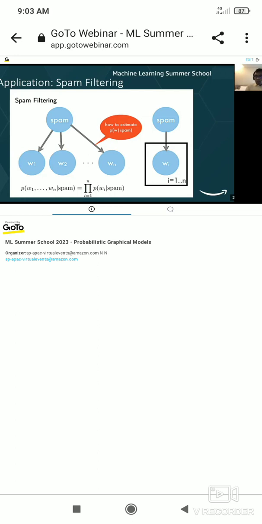So let's say spam is equal to 1. Then the conditional probability of words such as lottery, offer, exclusive, which we quite often associate with spam, would have a fairly high probability of occurrence. Another interesting aspect of the graphical model is that given the spam node, the words W1 to Wn are independent of each other.